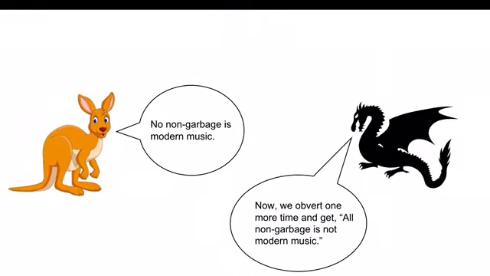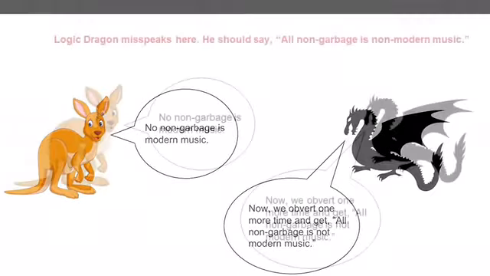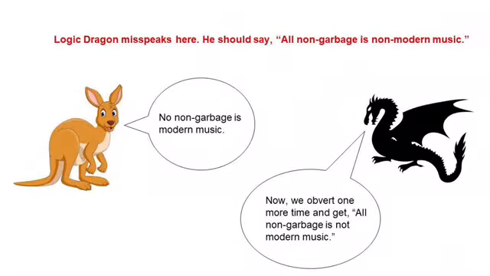And Logic Dragon says, now, we obvert one more time and get all non-garbage is not modern music. Okay, so we had no non-garbage, right? That's a negative. So we put that back to an affirmative. All non-garbage, okay? And then we give the complement there about modern music.